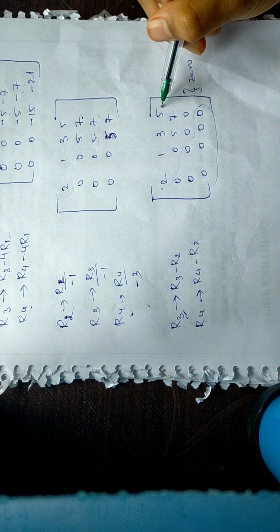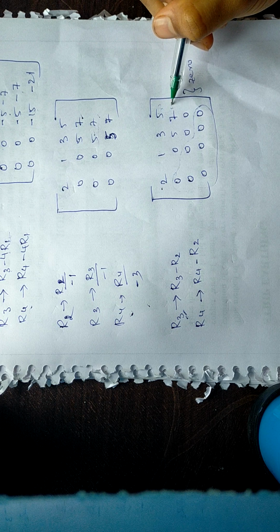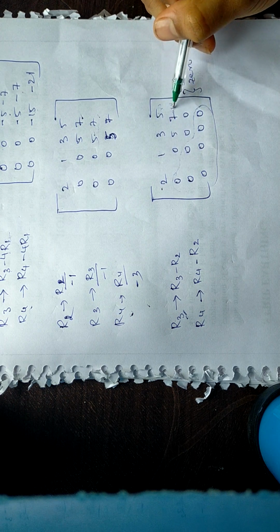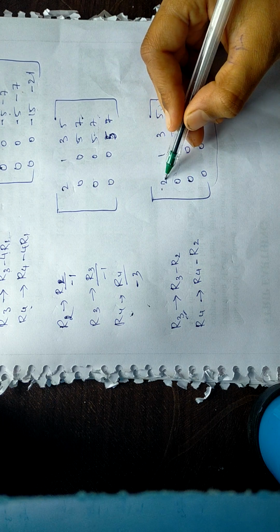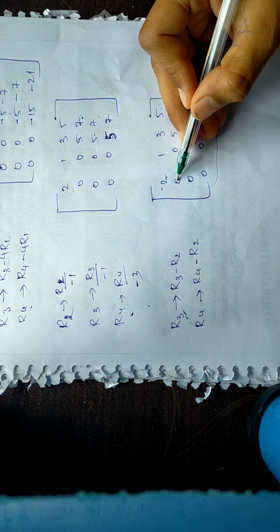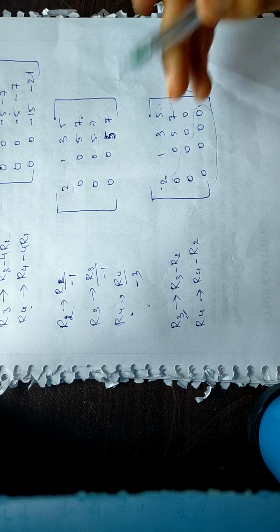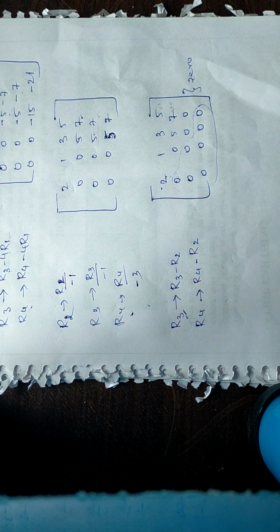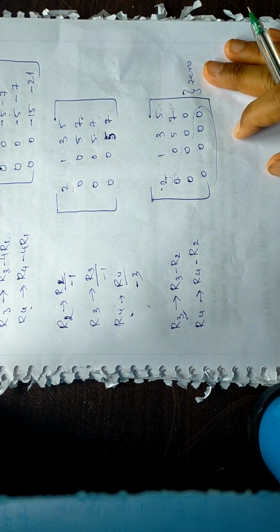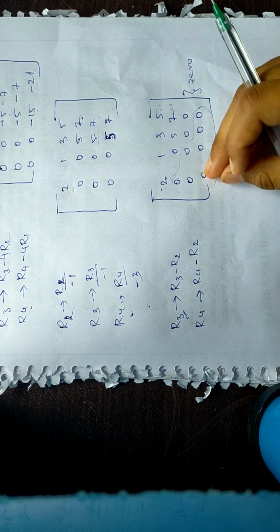If you try multiplying this row with 7 and this row with 5, 5 5s are 25, 5 7s are 35, again 5 7s are 35, and when you subtract rows, you will get 2 minus 0 as 2. So here 0 is updating again with the 2, which you should not be doing. That is why we will leave it as it is, and we will count how many non-zero rows are there.